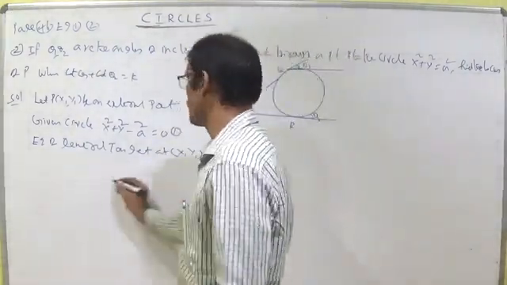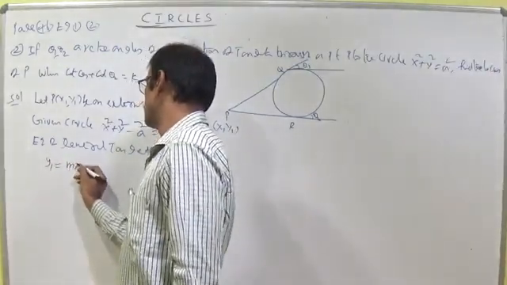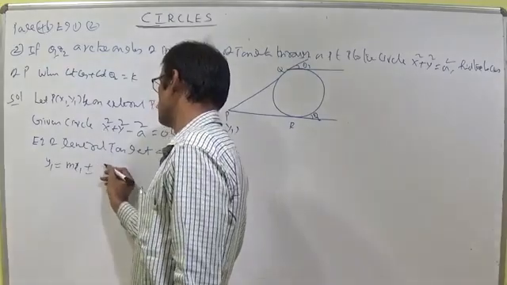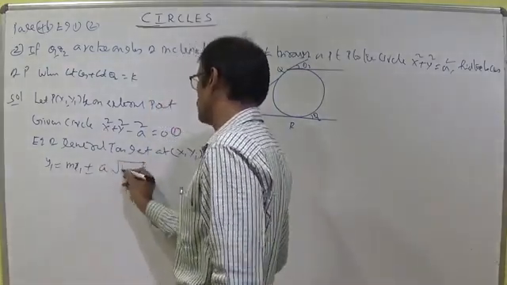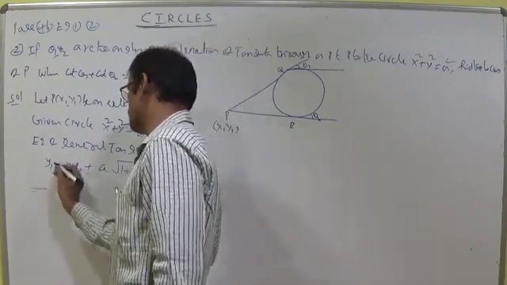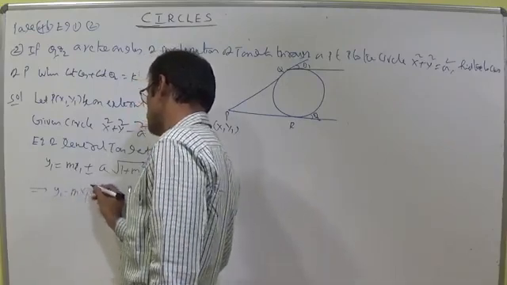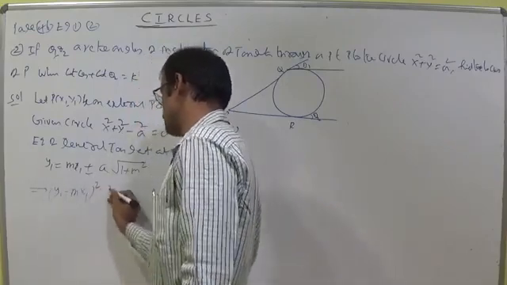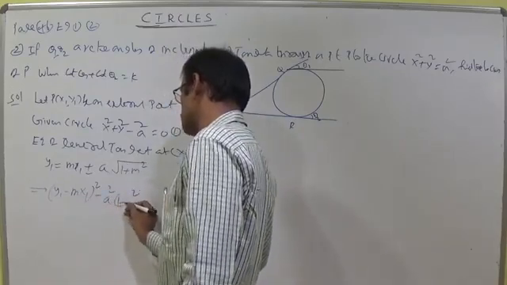At x1 comma y1 you can write y1 is equal to mx1 plus or minus a into root of 1 plus m square. That implies, taking mx1 this side, y1 minus mx1 whole square is equal to a square into 1 plus m square.